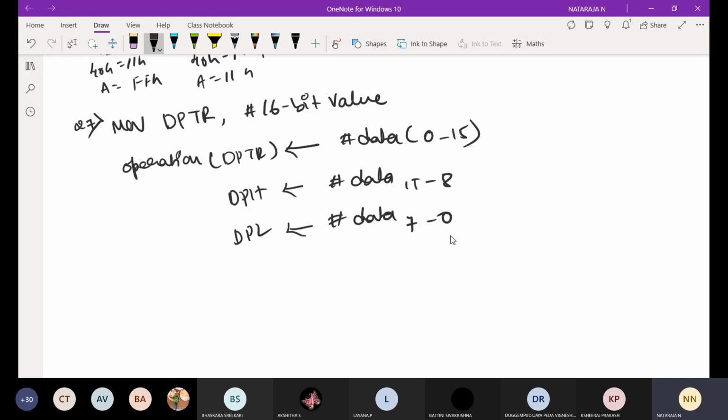You can try this example: move DPTR comma #1234. After execution, DPH will be 12 and DPL will be 34.